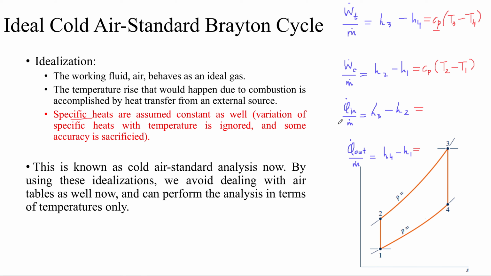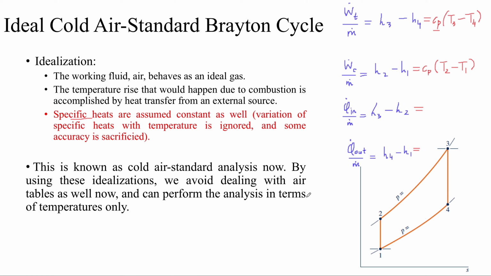But when it comes to thermal efficiency, Cp is going to get canceled out. So your thermal efficiency is going to be in terms of temperatures, and it's going to be 1 minus (T4 minus T1) by (T3 minus T2). And just like that, you could also write the back work ratio as well.